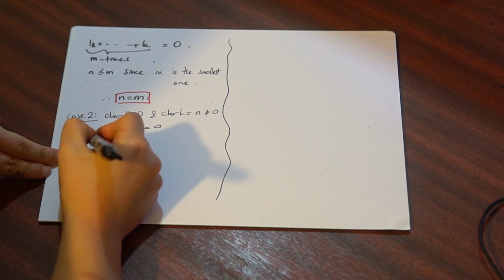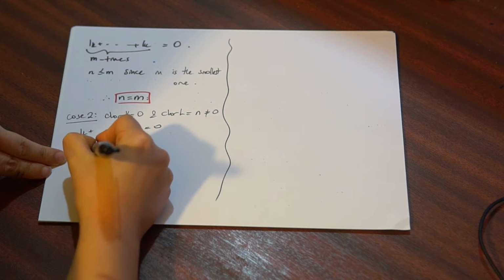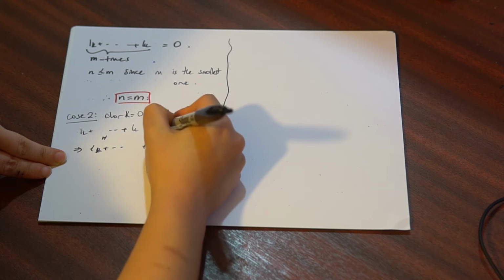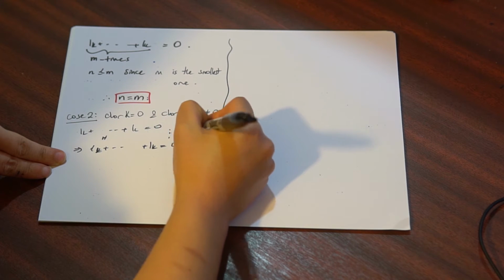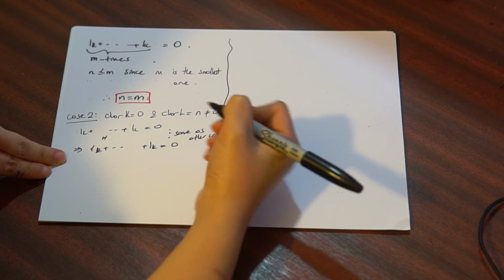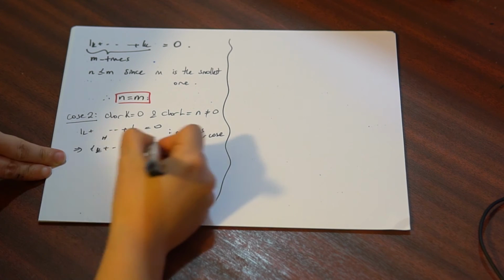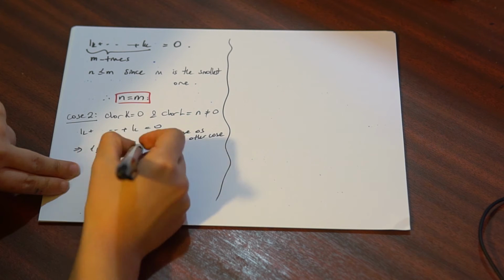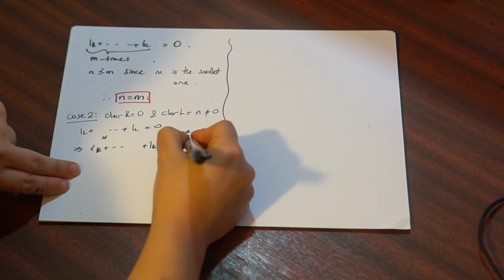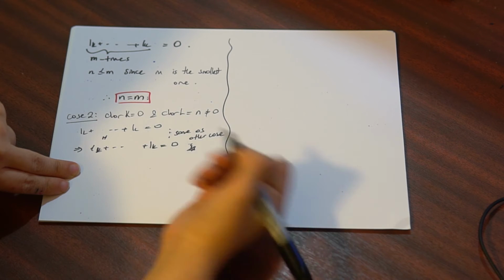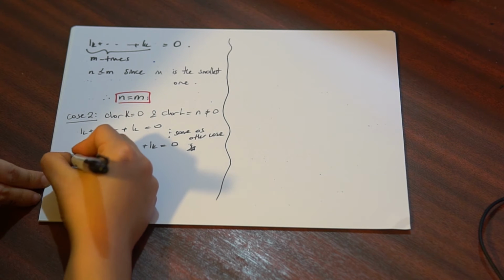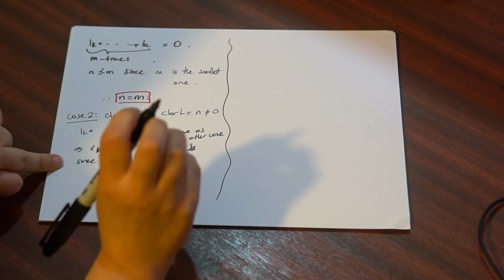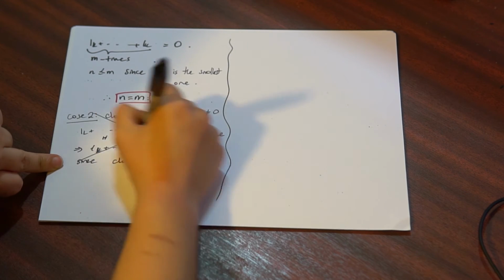So from here we can say that 1_K is equal to 0. These are the same as the other case. Fill this gap. This gives us a contradiction, since we said that 1_K is not equal to 0. So case 2 is not possible.